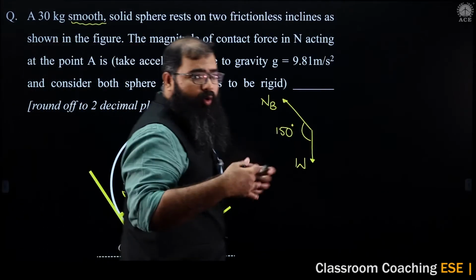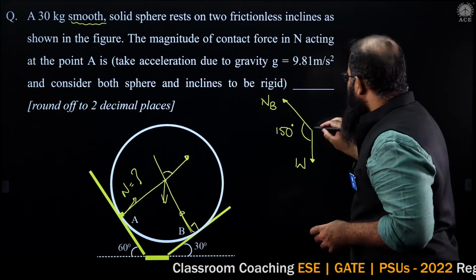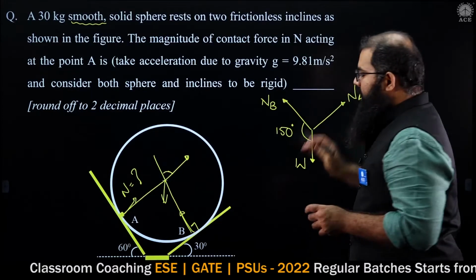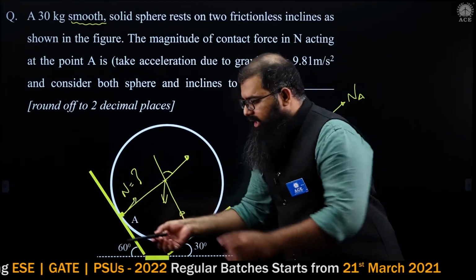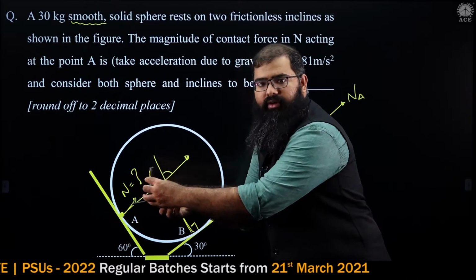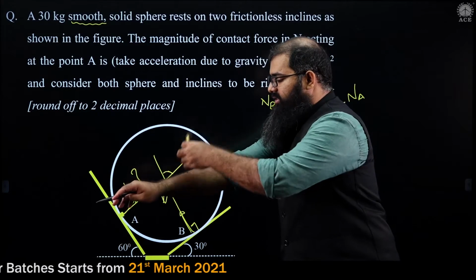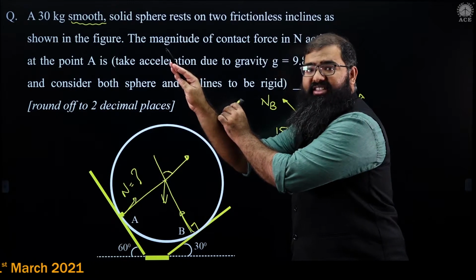The second thing, I hope you are going to guess this now. I'm having a normal coming from point A. Let us say this is NA. I want you to help me out with this. This incline is not inclined, it is horizontal, and I'm having normal vertical. I now incline this by 60 degrees.